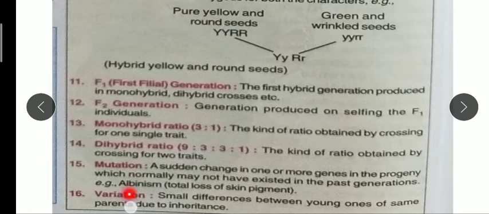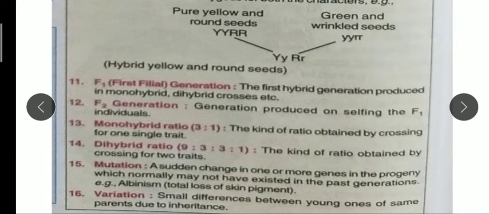Albinism is a disease where the skin becomes brown or purely white, and even the hair, eyelashes and eyebrows become brown in color. These are slight mutations.